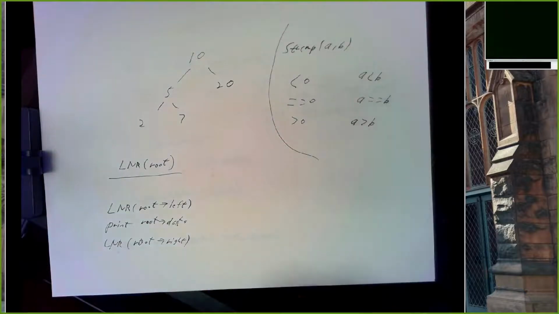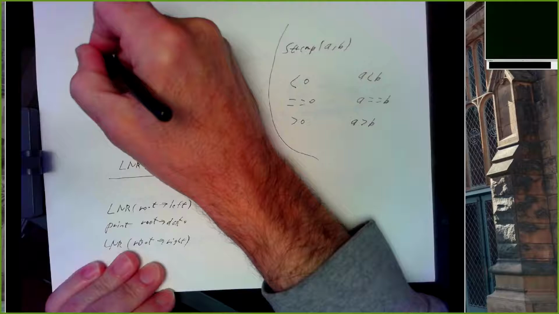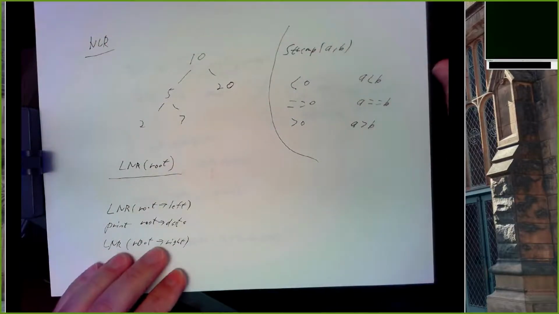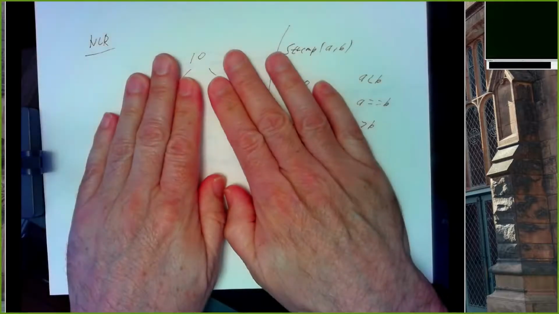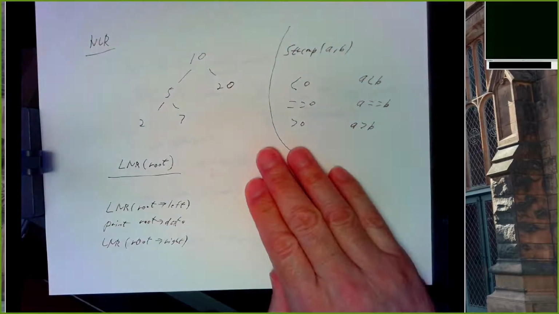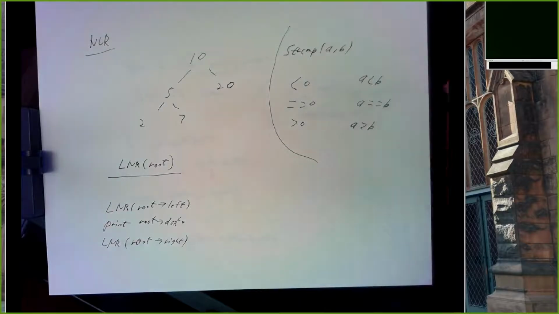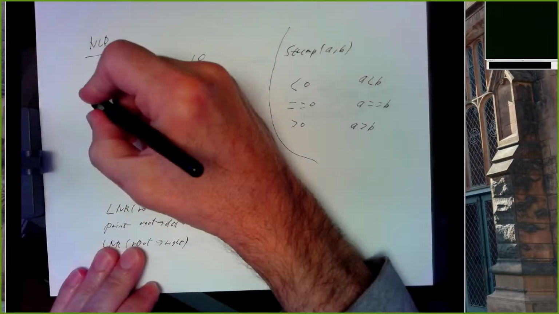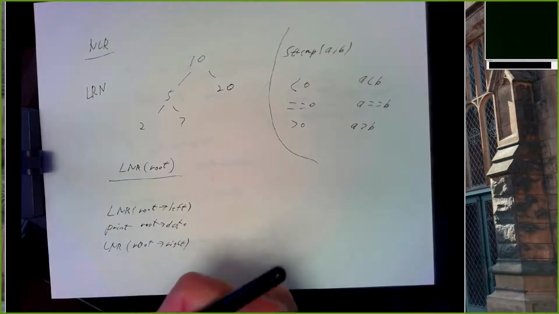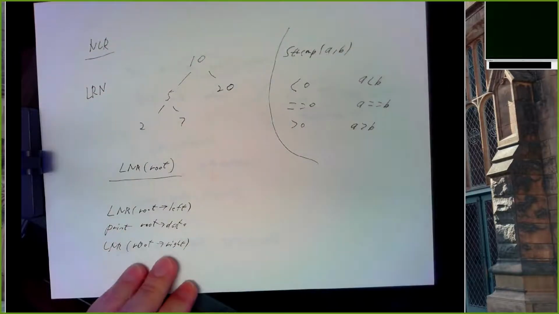If we wanted to do node left right, how do we traverse this tree in that order? Print that, traverse the left, traverse the right. If you want to do left right node, how do we traverse this tree?